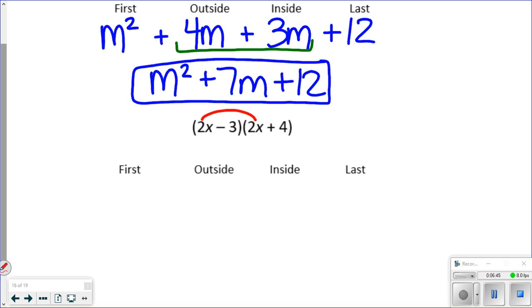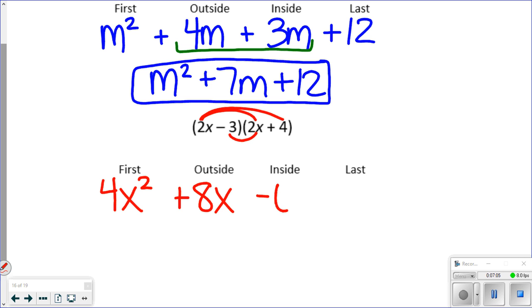My first terms is 2x times 2x. 2 times 2 is 4. X times x is x squared. 2x times 4 is 8x. Negative 3 times 2x is negative 6x. Negative 3 times 4 is negative 12.